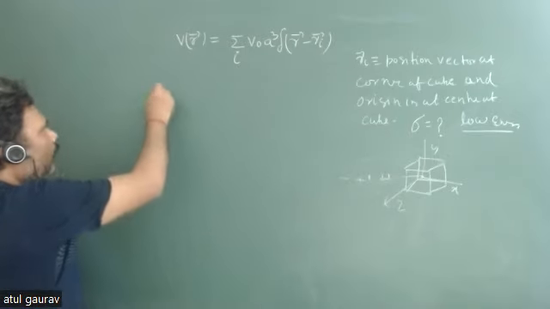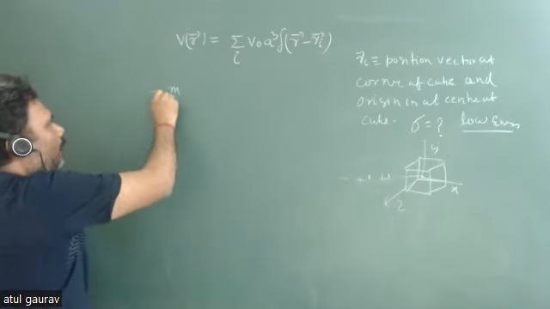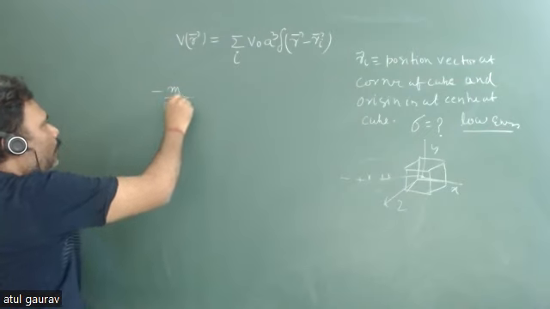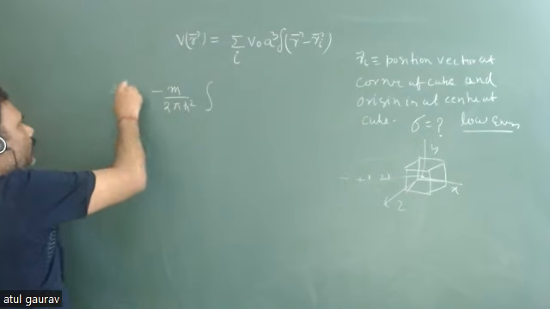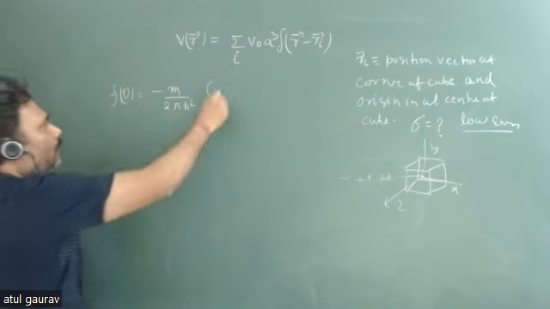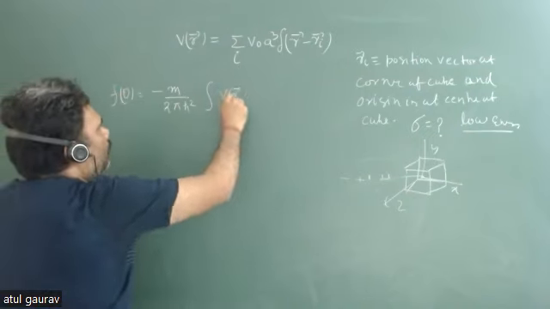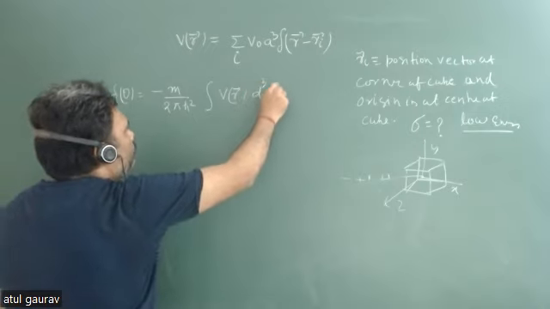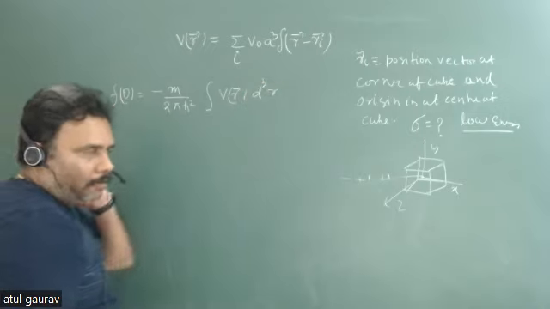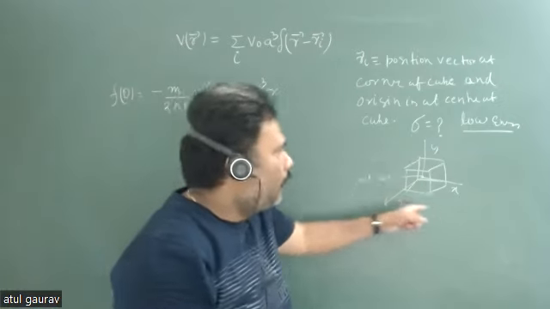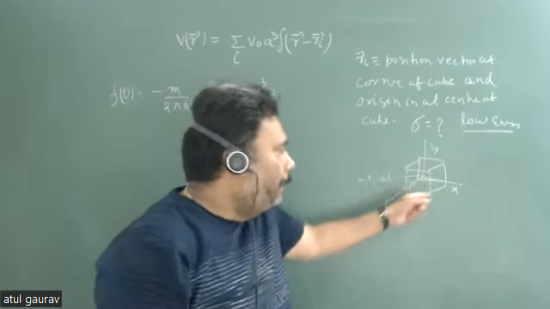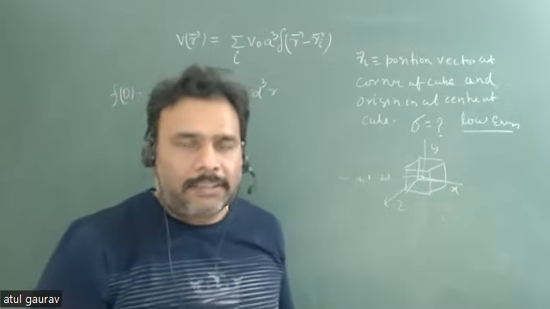Obviously, you have the formula. What is this formula? Minus m upon 2 pi h cut square, and this value is f theta, integral of V(r) d cube r. And now, which coordinate system is best for a cubical system?